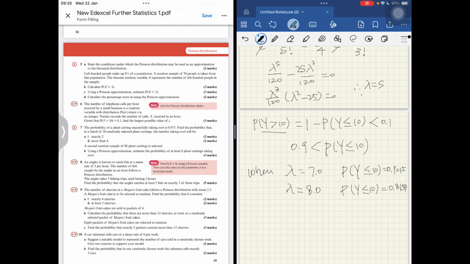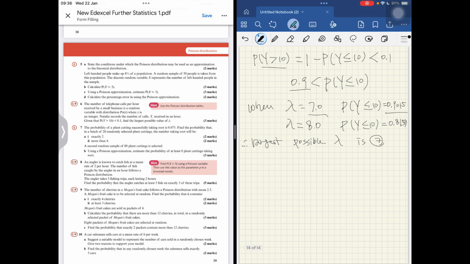So the largest possible value of lambda is 7, because until 7 it is larger than 0.9. From 8, it's smaller than 0.9.